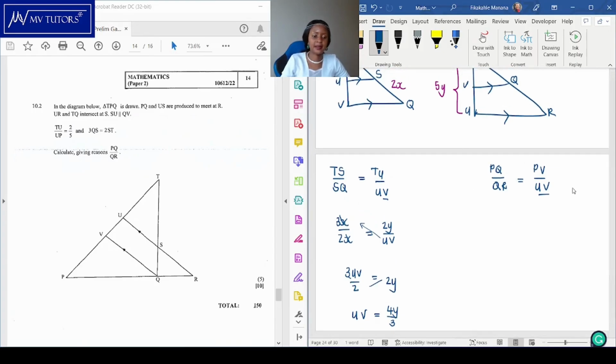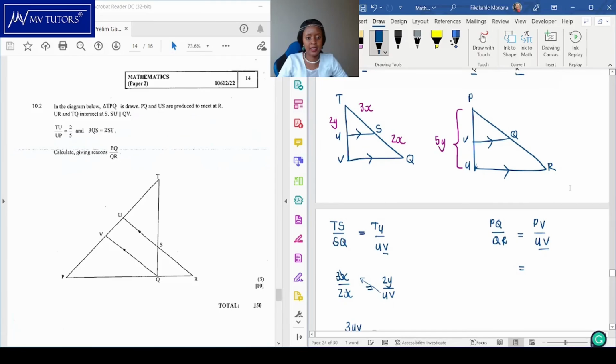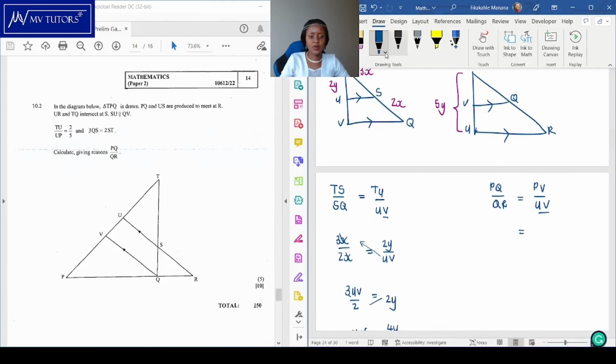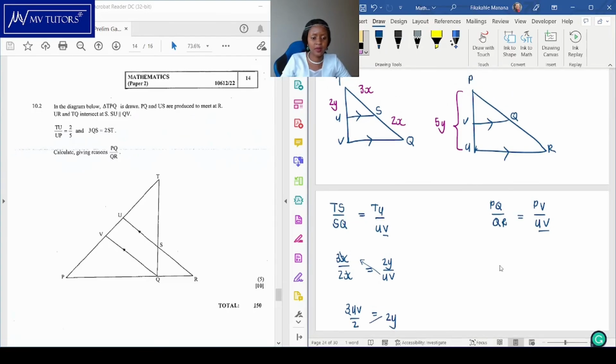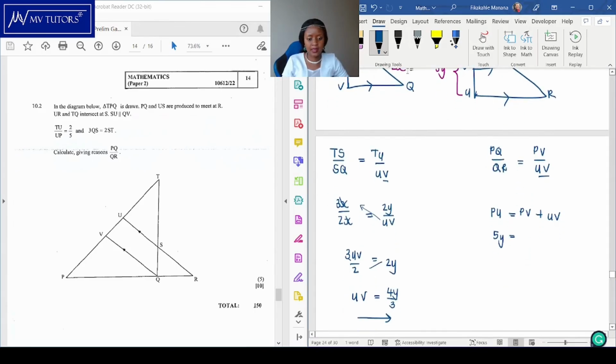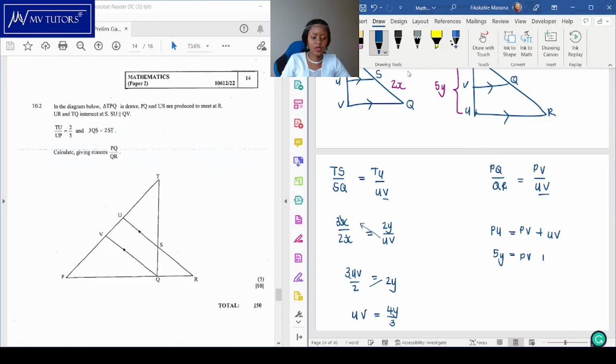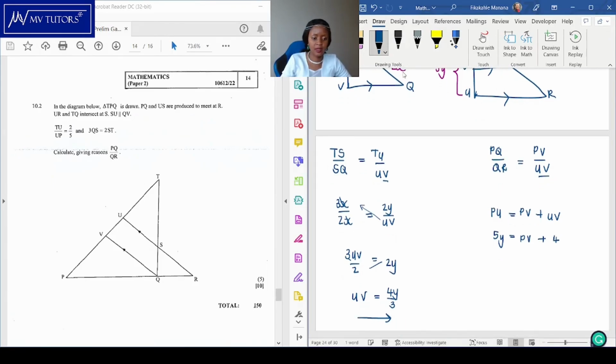Now when I come to this side, PV. Firstly, I know that PU is 5y, but PU can also be equal to PV plus UV. So that is 5y equals PV plus UV, and I know UV is 4 over 3 y. So PV is 5y minus 4 over 3 y.